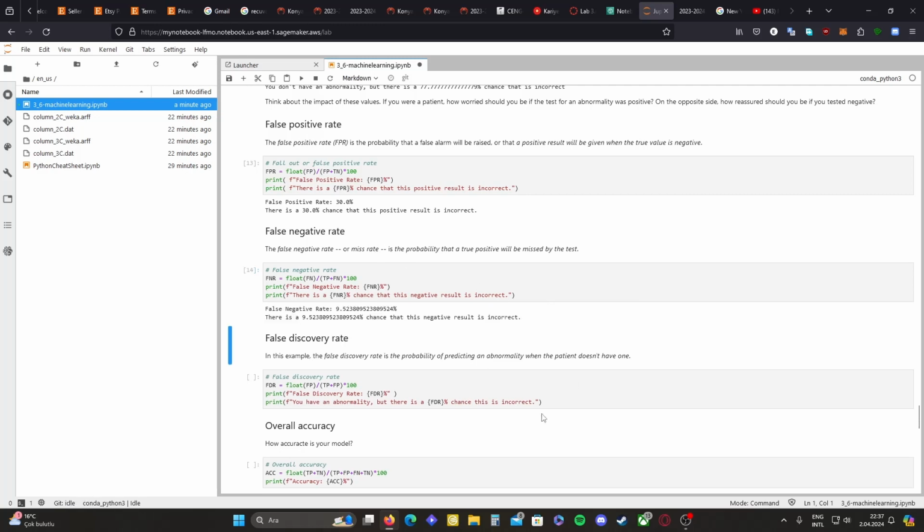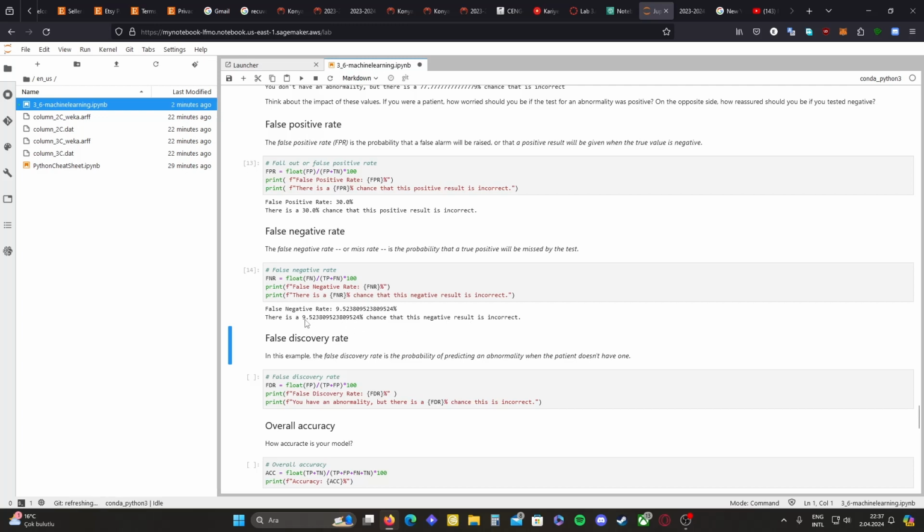The false negative rate, or miss rate, is the probability that a true positive will be missed by the test. There is a 9.5 something percent chance that this negative result is incorrect. So we have an abnormality, but we are given a negative result.